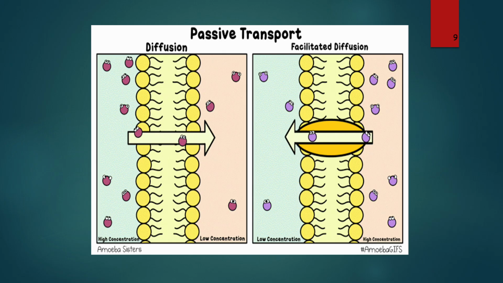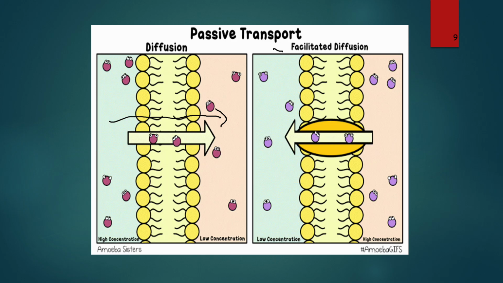So we've talked about diffusion, where particles are going to move across the cell membrane from a high concentration to a low concentration. We also have a passive transport that's facilitated diffusion. Facilitated meaning that there is going to be something to help in this process of still going from high concentration to a low concentration.